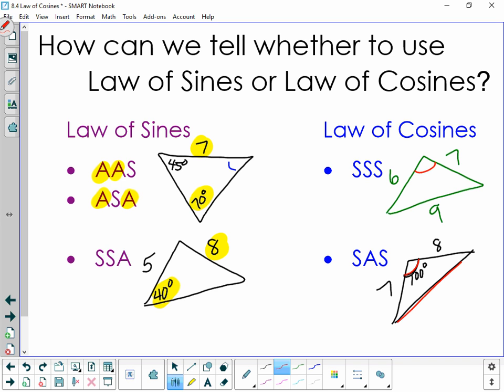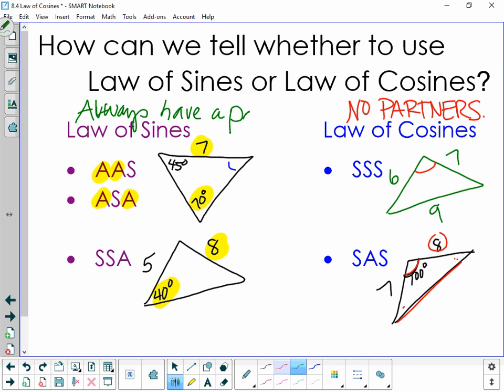You know this side up here, but not this angle. You know this side here, but not this angle. So, law of cosines is if you do not have any partners. For law of sines, you always have a partnership that you can use to help you. And that's how you know which one to use.